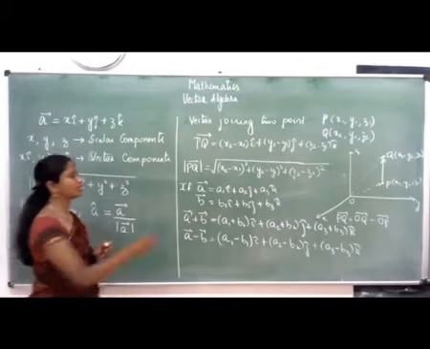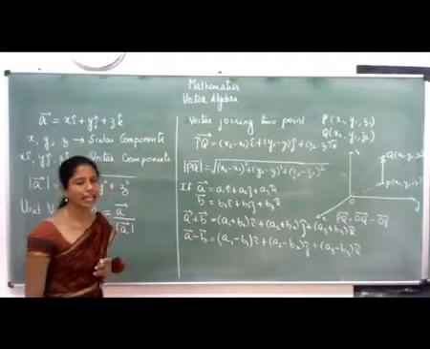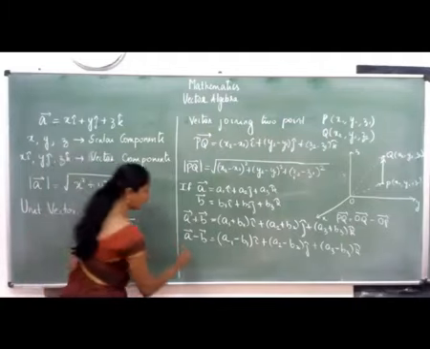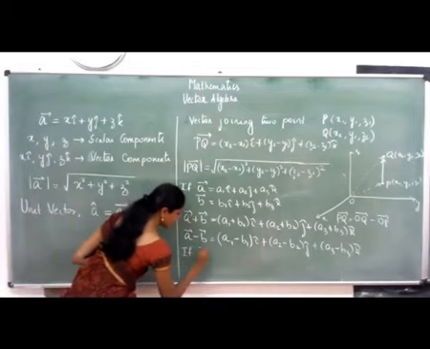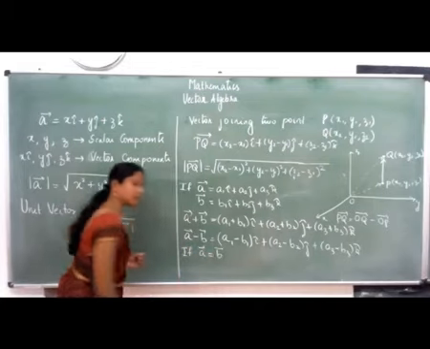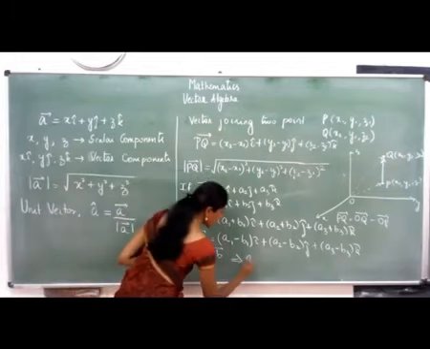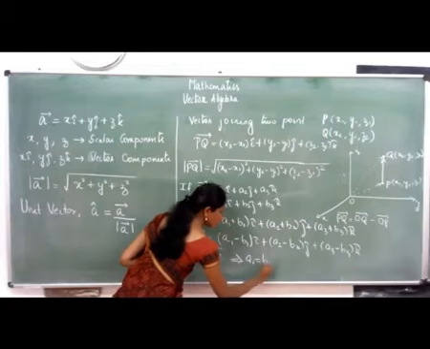If I say the given two vectors, vector A and vector B, are equal, then what does this imply? If vector A is equal to vector B, then A1 is equal to B1.